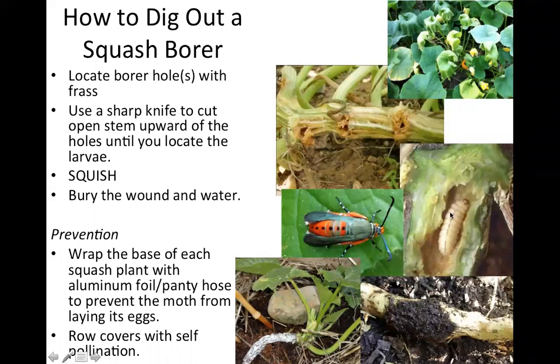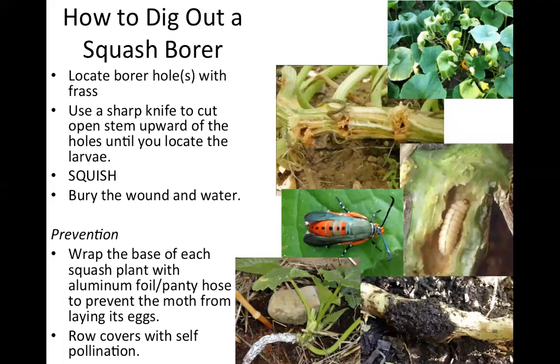Open it up until you find the larva, squish them, then bury the wound with some really wet, good soil, and hopefully that will grow into some roots. And this is what the fly looks like. I've never actually seen the fly out and about. You could probably research when that fly is around in this area and put pest covers up if you've had issues.